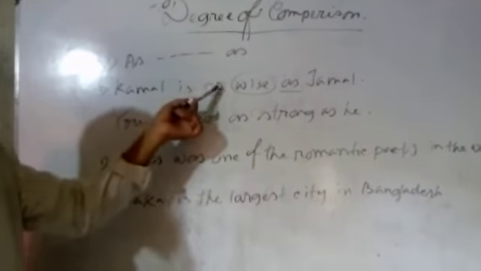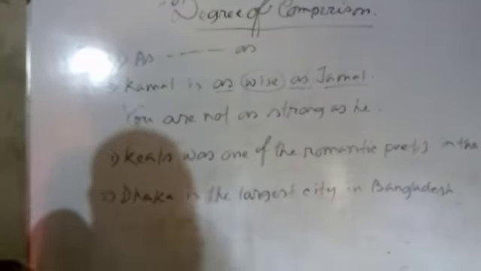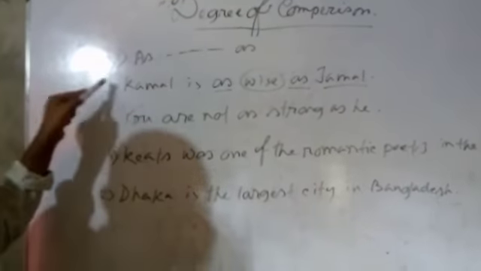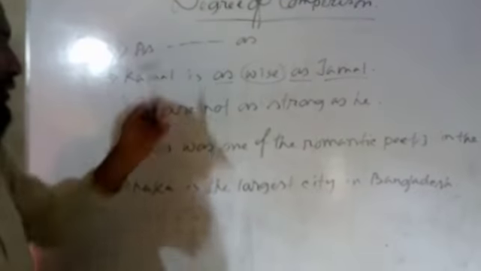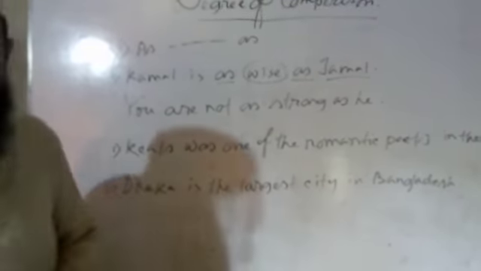Kamal is as wise as Jamal. Here the key word is Jamal. That means Kamal is as wise as Jamal. As the positive is affirmative, in the comparative it will be negative.